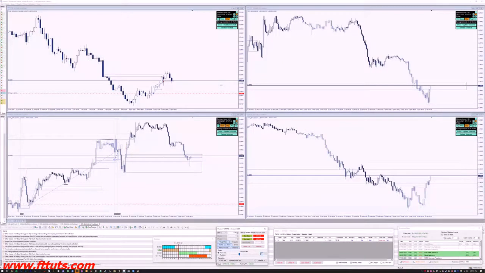So now we can look for, again, I want to drive the point home. I think people get kind of confused by change of character. It's just a fancy term for a liquidity sweep and a break up, right? That being our break, this being our sweep of liquidity, right? Ideally, this taps into something to the left, probably does, over here. But don't overcomplicate it, guys. That's all a change of character is.